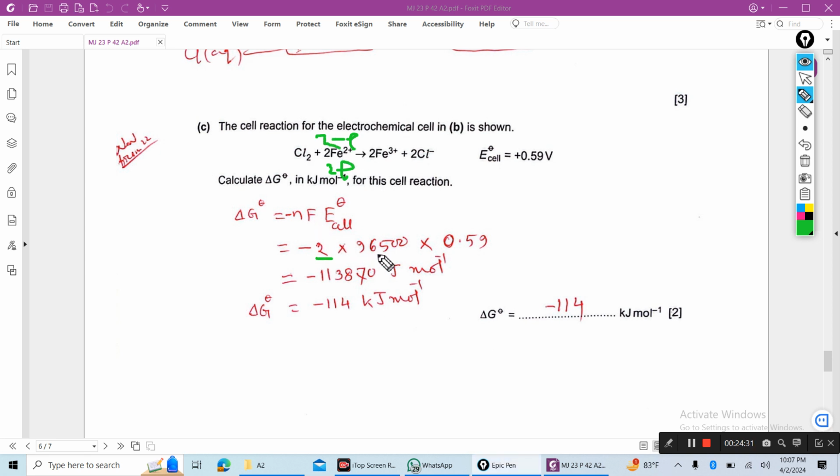F is the Faraday constant, 96,500 coulomb, and the electrode potential of this cell is given as plus 0.59. So if you calculate, you get this in joule per mole, then divide by 1000, you will get minus 114 kilojoule per mole. This is the standard Gibbs free energy, minus 114 kilojoule per mole.